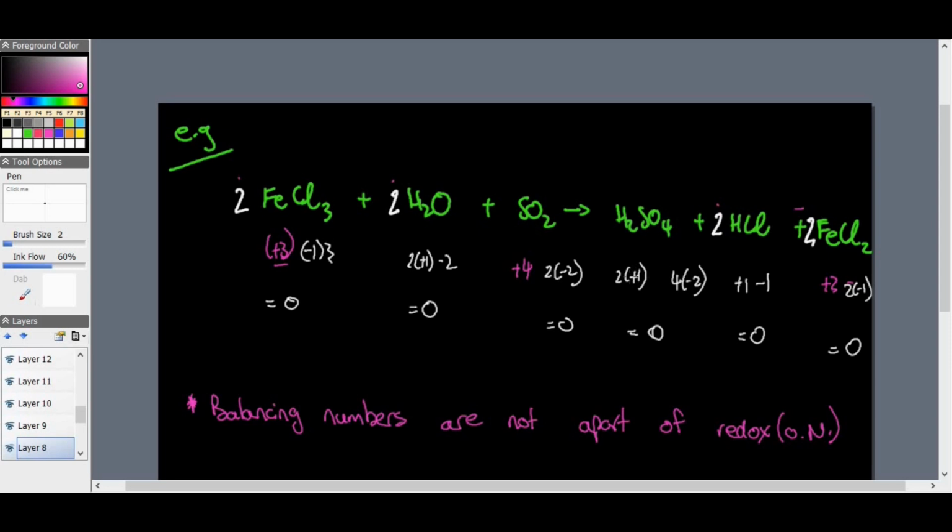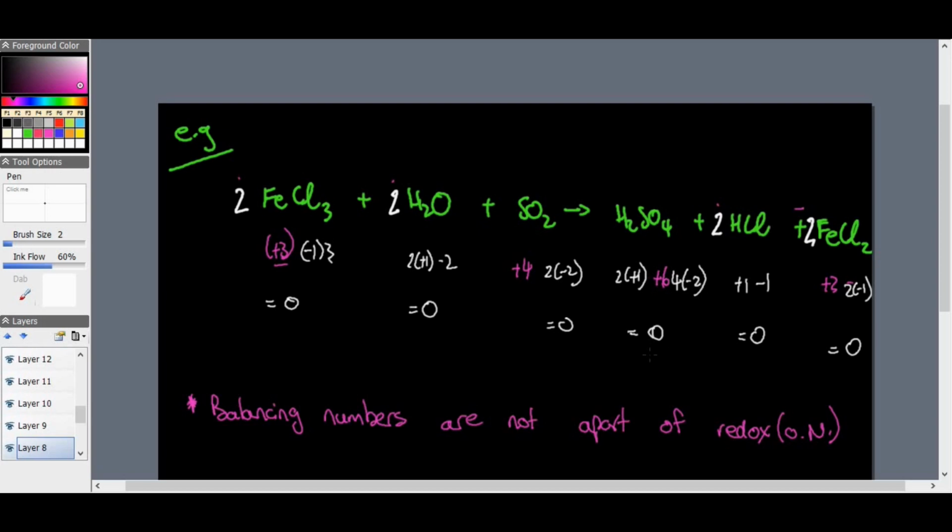So this is 2 times positive 1, that's positive 2, and here I've got -8. So what would sulfur be in the middle here? Positive 6, correct. Because positive 2 plus 6 is positive 8, minus 8 gives us 0.